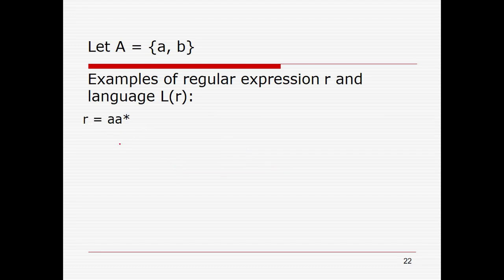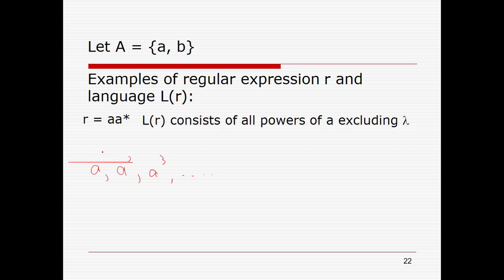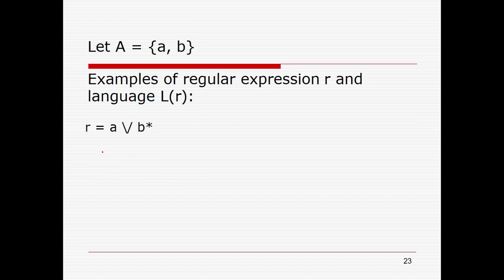Okay, this is a small difference. Now I have a language which starts with an a, minimal one, and then has as many a's as possible. So this is a good word, this is a good word, etc. Note that we cannot have lambda now because we have minimal one a in the word. Now if we look at the symbol or, we can have words which either have an a or as many b's as we like.